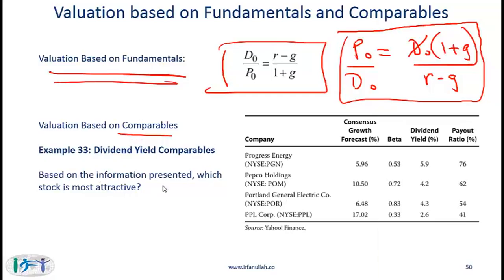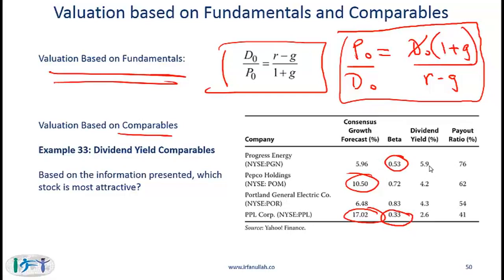So now based on the information presented, which stock do you prefer? Let's just look at the numbers. Consensus forecasted growth numbers. So who is looking good here? If you pick the best two, it would be PPL and Pepco Holdings. Based on beta, who is looking the best? There you look at the low beta.